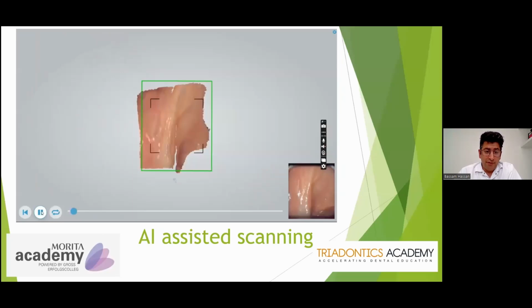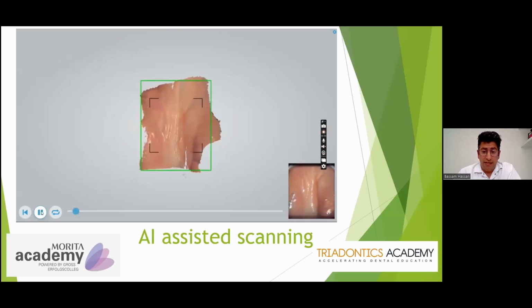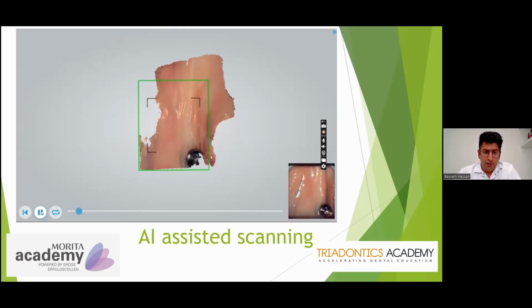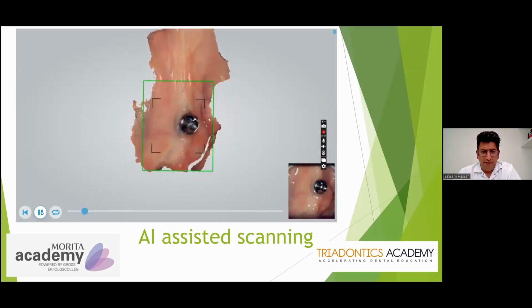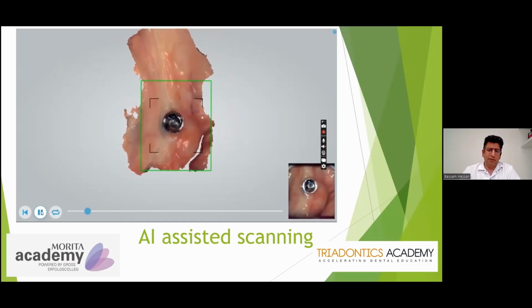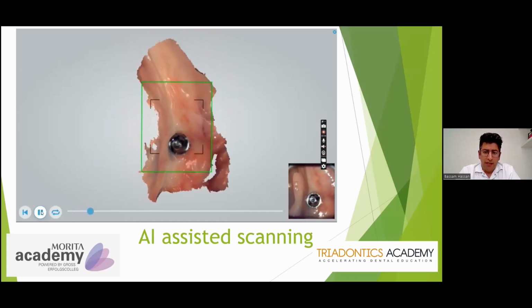But I have to say, if you're experienced, things really became amazing. With the scanner I have now, I'm still astonished that I'm able to do AI assisted scanning of a ridge which is very shallow. I don't have a very high ridge in this case, and I have a lot of mobile tissue.